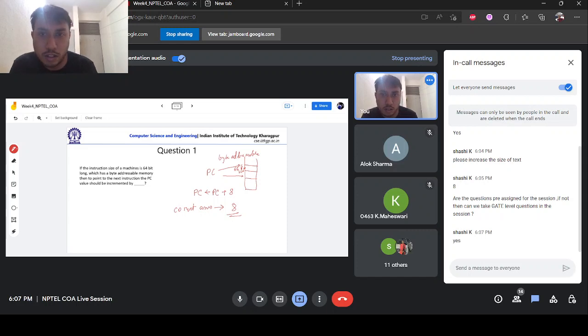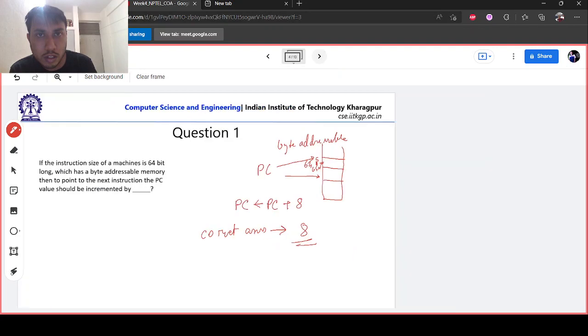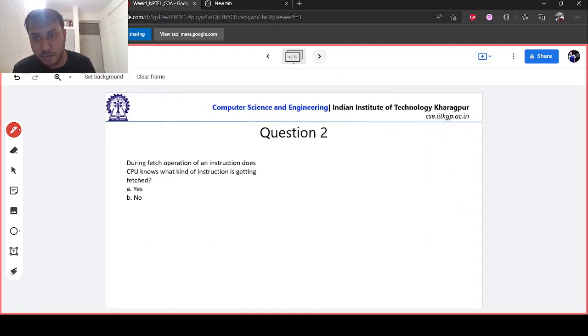Okay, so I will go to the next problem then. During the fetch operation of an instruction, does the CPU know what kind of instruction is being fetched?